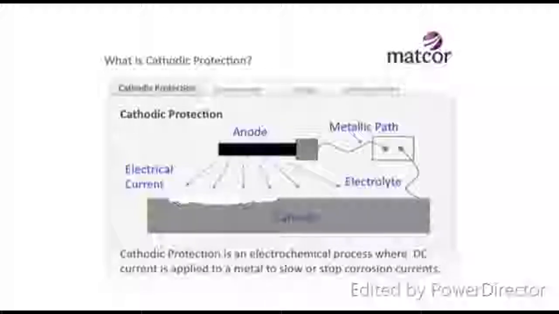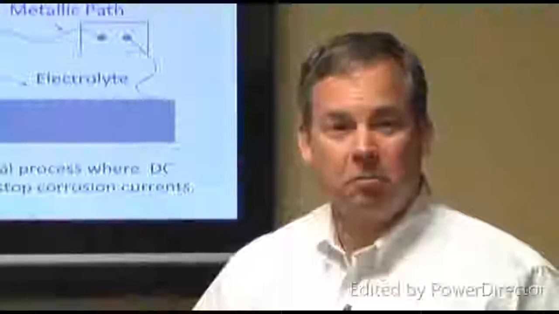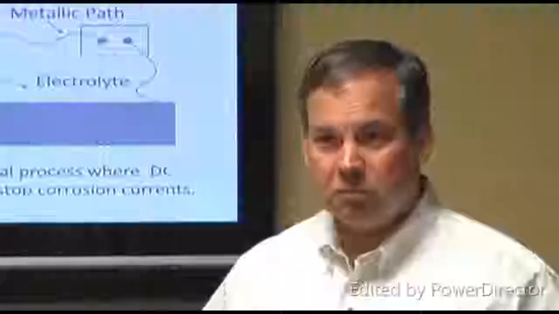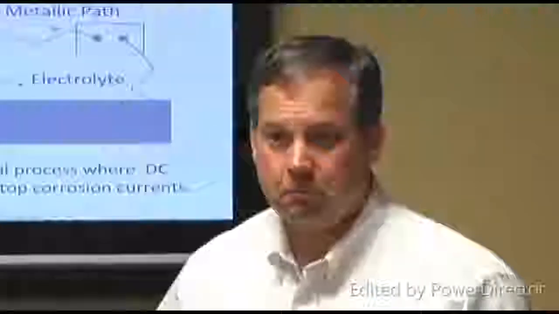One other comment here. If the structure is in such bad condition that it's mostly rust and very little solid metal left, and you put cathodic protection on it, it could still fail.